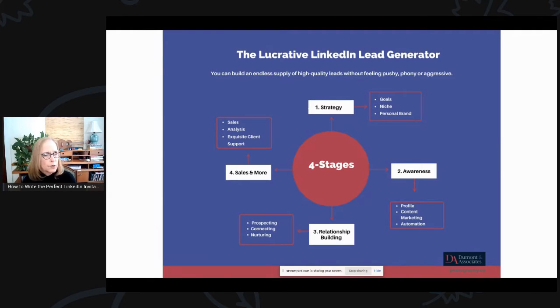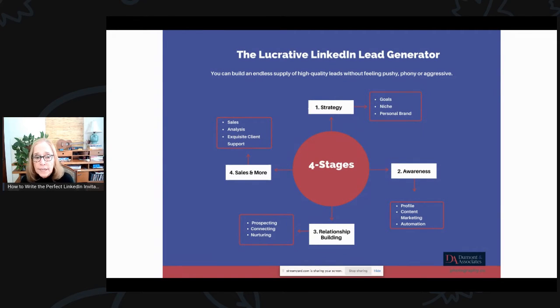The first is where you set your strategy based on your goals, your niche, and your personal brand. The second is awareness, where you build your profile and create your content marketing strategy and plans. And then really look at automation and see what you can and can't do safely on LinkedIn, because there are a lot of things you can't do with automation on LinkedIn.